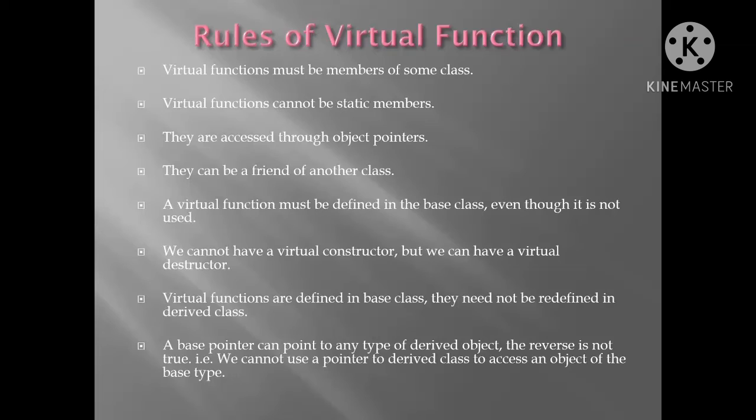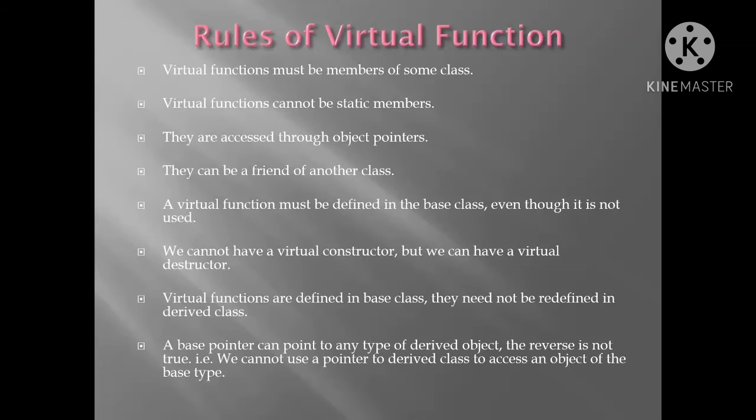Next one, a virtual function must be defined in the base class even though it is not used. It means what? In the previous example, I had taken two functions, print and print. You have to make one function as virtual. Why make it virtual?